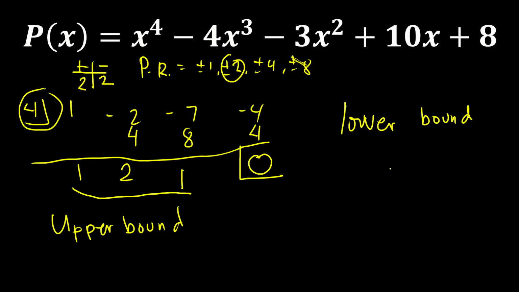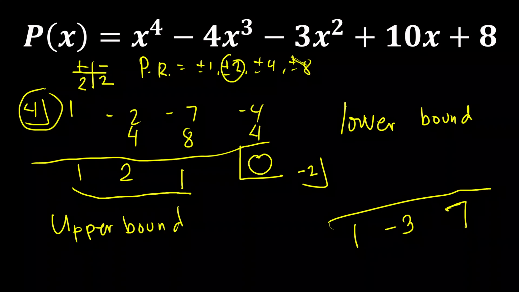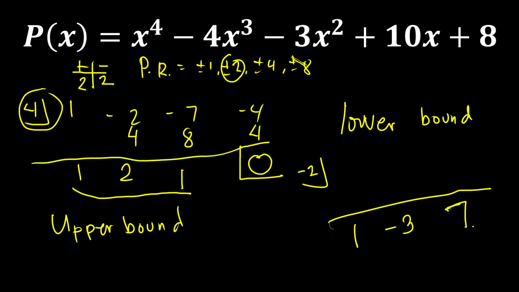Kapag lower bound, ang magiging sagot naman po natin ay nag-alternate. Kunwari lang po, ang sinosolve nyo dito ay negative 2. Tapos, ang naging answer nyo after nyo isolve ay 1, negative 3, negative 1, negative 3, 7. For example lang. So, dito, ano yung nangyari? Nag-alternate yung sign. Positive, negative, positive.